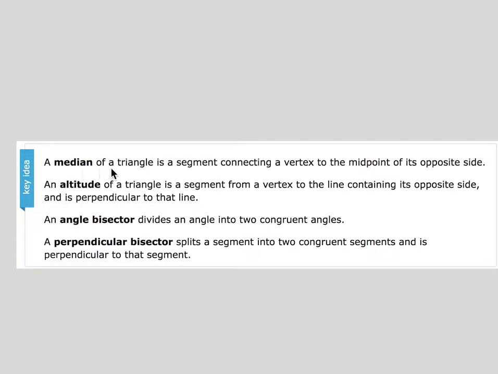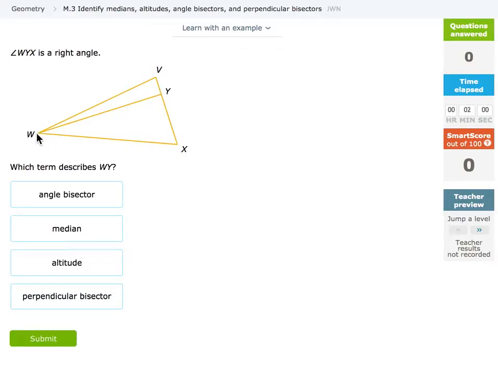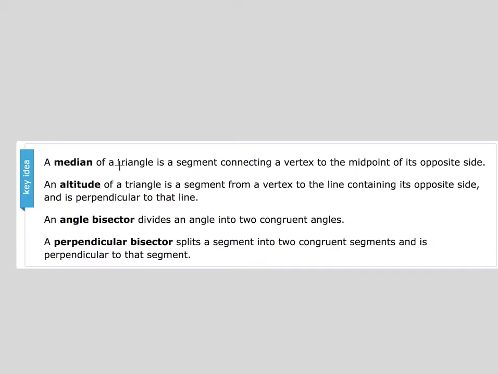To begin with, a median of a triangle is a segment connecting a vertex to the midpoint of its opposite side. If this is the vertex, is this connecting to the midpoint of the opposite side? Is Y right in between YX? No. So we can cross out median. An altitude of a triangle is a segment from a vertex to the line containing its opposite side and is perpendicular to that line.